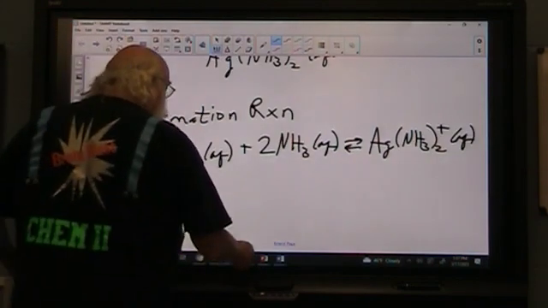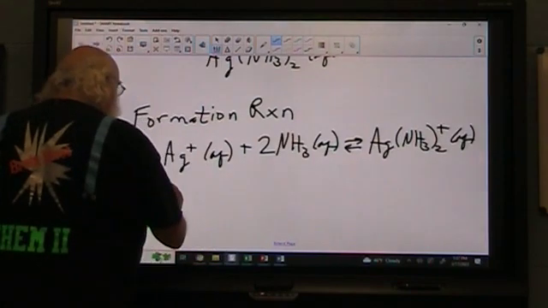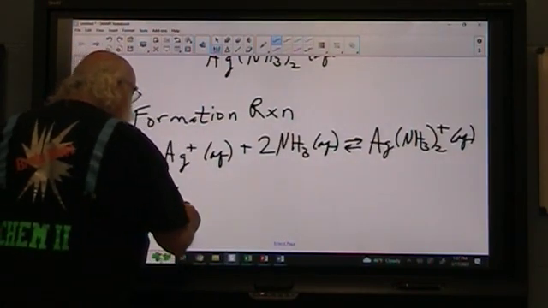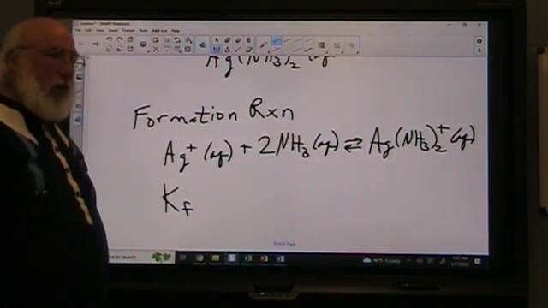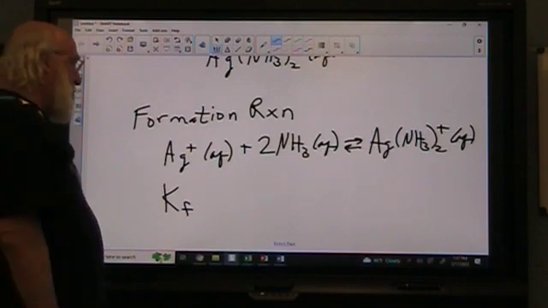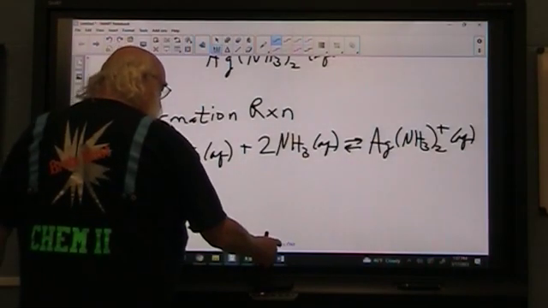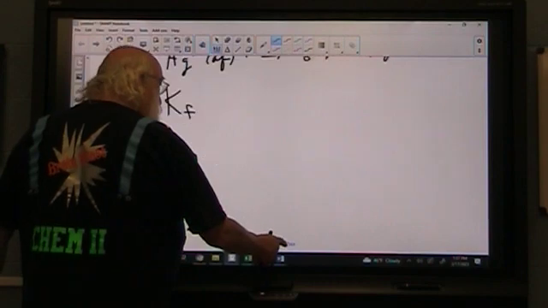And so we call this the resulting analysis, if you will, of equilibrium, Kf. And because they're all aqueous, they will be included in this.